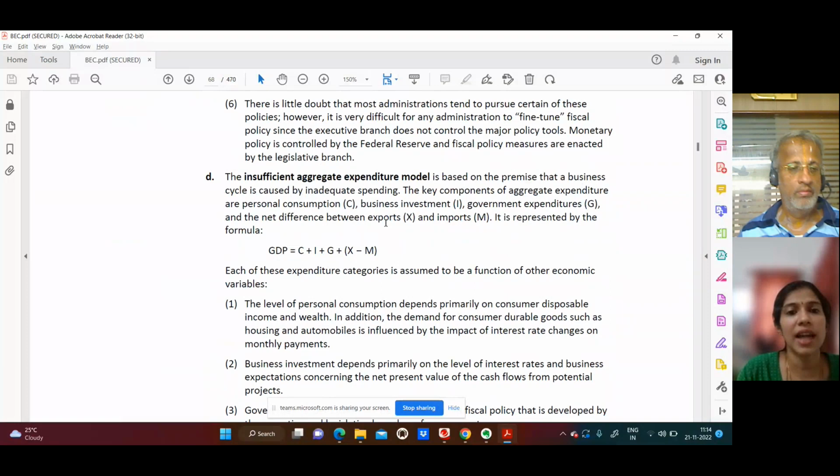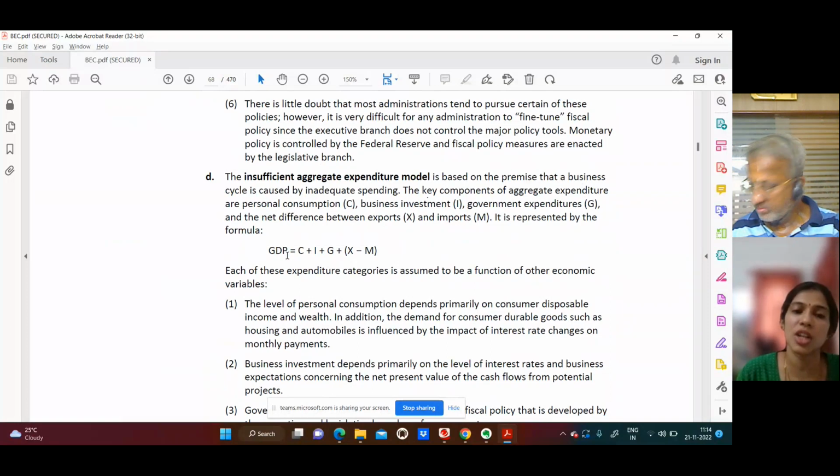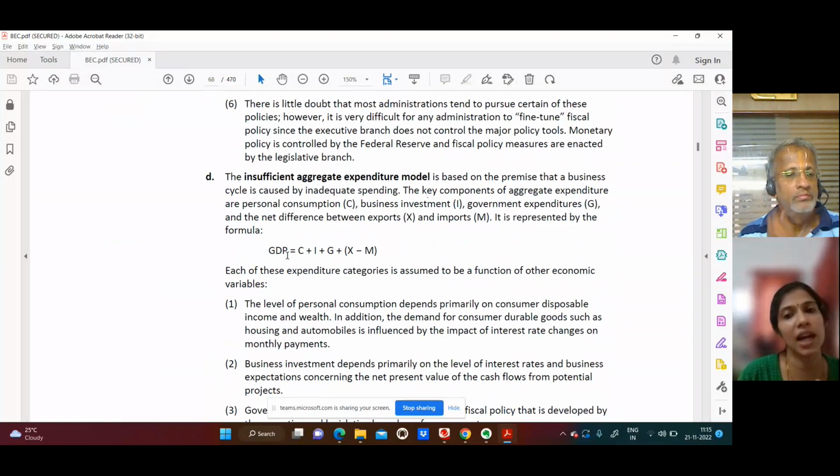Next is your insufficient aggregate expenditure model. There are different ways in which GDP itself is calculated. When you look at the topics on GDP, you'll understand that. So what does this model basically assume? It is based on the GDP calculation.